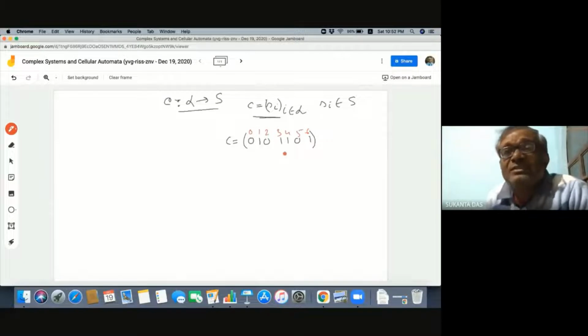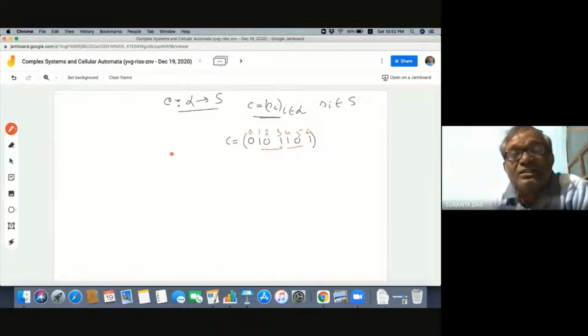Suppose I am saying that rule number 3 is using a rule which has 5 neighbor dependency. That is, rule number 3 depends on 2 cells left and 2 cells right.